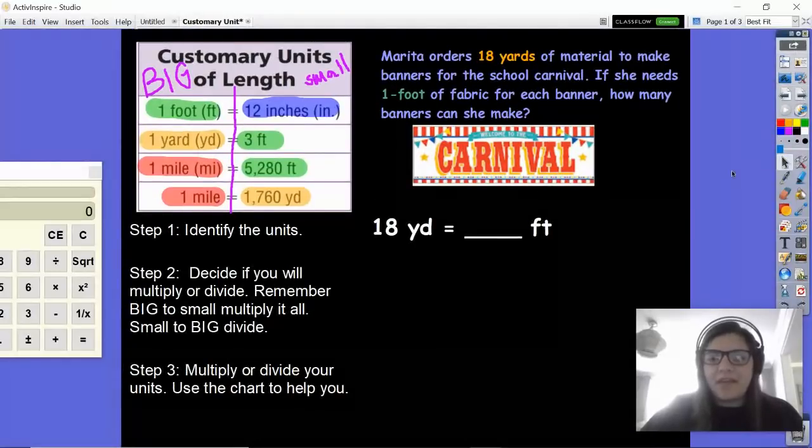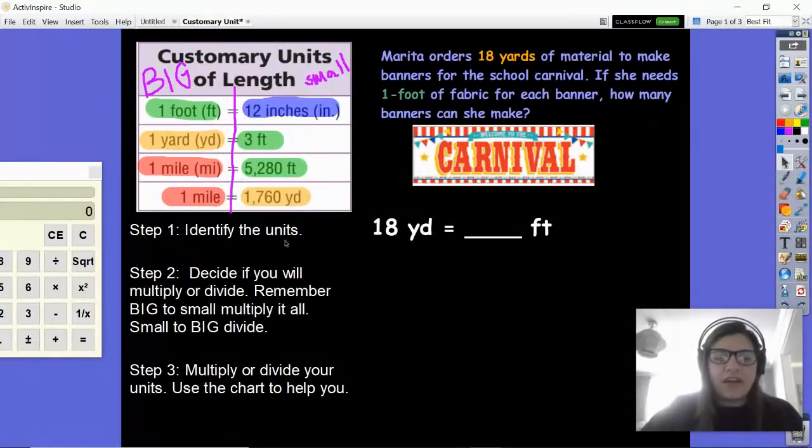It's telling me that she has 18 yards of material, but she wants to break that 18 yards into feet. So we need to figure out how many feet are in 18 yards to find out how many banners we can make. So our very first step is step 1, identify those units.